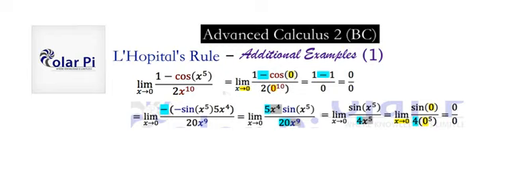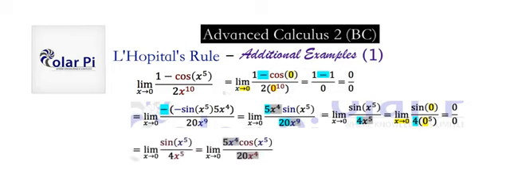So as we feared, we have to use L'Hopital's rule again, which means we take the limit as x goes to 0 of the derivative of sine x to the 5th divided by the derivative of 4x to the 5th. And when we do that, this is what we'll get. Well, first, here's where we left off, and then taking the derivative of the numerator and then dividing by the derivative of the denominator, we get this new quotient, right?